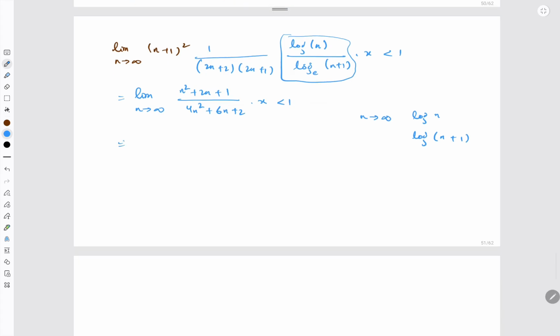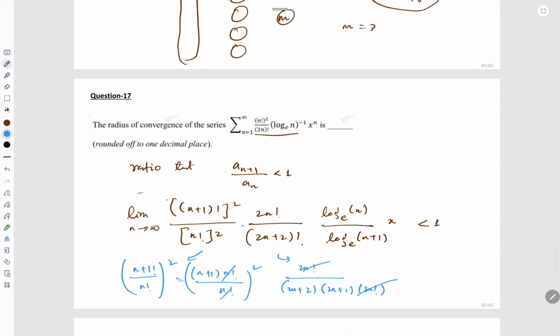Now I know that limit n tends to infinity, this quantity is basically 1 upon 4. We take the highest power coefficients ratio, right? So x by 4 is less than 1. So now there is no n. That means x should be less than 4. So the radius of convergence is 4.